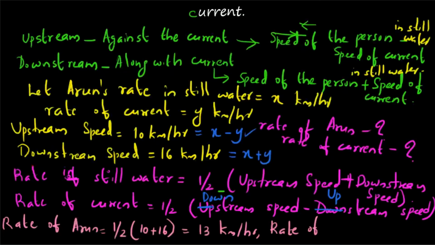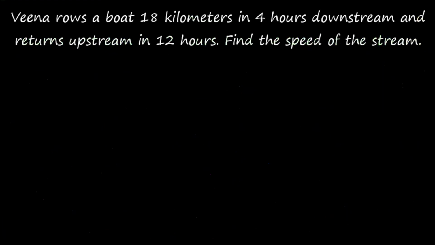Rate of current will be half into 16 minus 10. 16 minus 10 is equal to 6. So 6 divided by 2 is equal to 3 km per hour. So this is our final answer. Rate of Arun in still water is equal to 13 km per hour and rate of current is equal to 3 km per hour. Now question number 2.